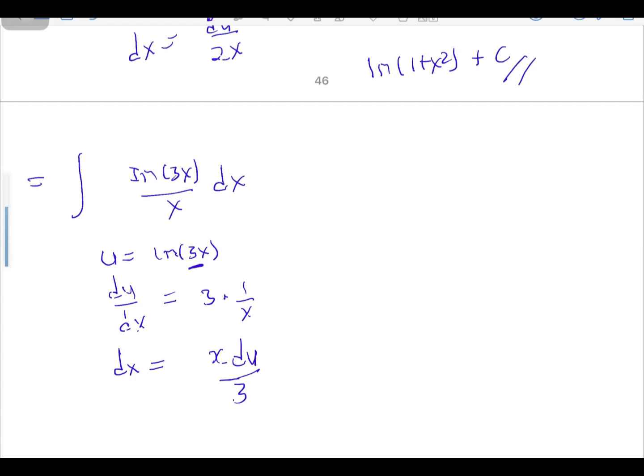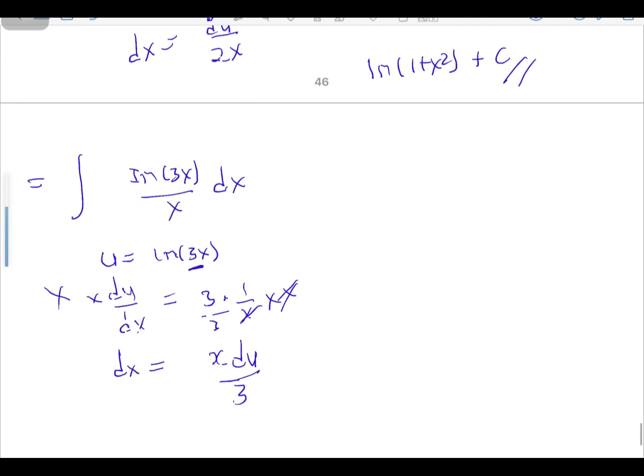Don't forget that, because I'll multiply both sides by x, so x will cancel x, and we are going to get x du over 3, because here we divide by 3, that's why it was over 3. So now we know that our dx equals x du over 3.